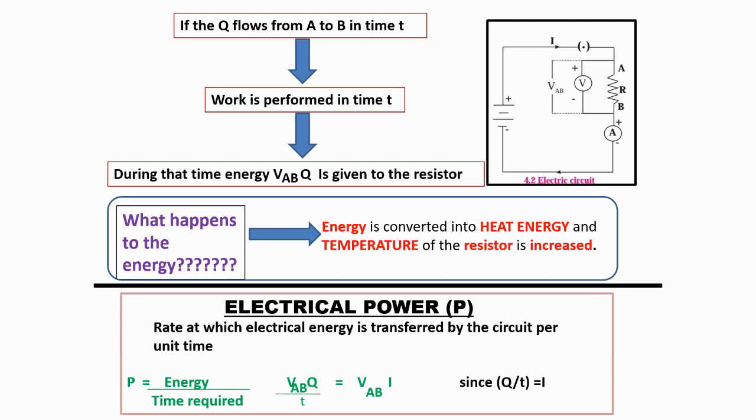The formula for P is the electrical energy transferred by the circuit upon the time required to transfer that electrical energy. Now the energy is given as VAB into Q upon T. Q upon T is nothing but the current flowing through the circuit. So in place of Q upon T, I will write I. So I get electrical power, that is P, equals VAB into I.